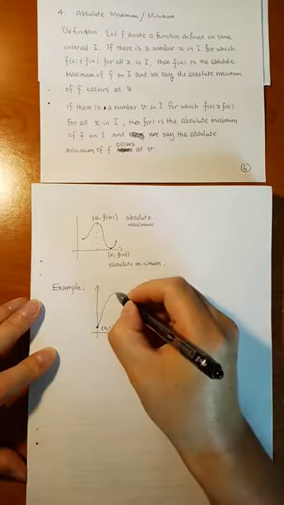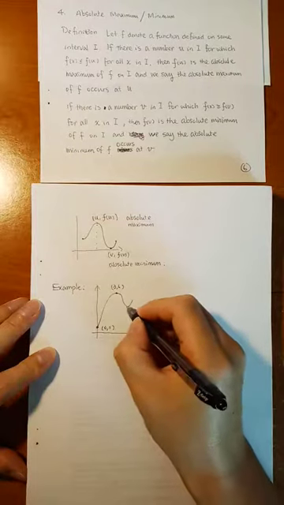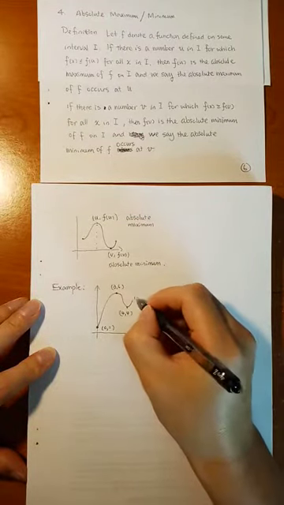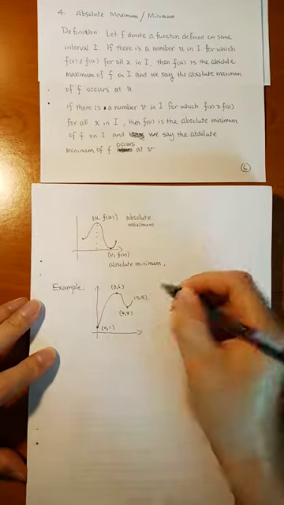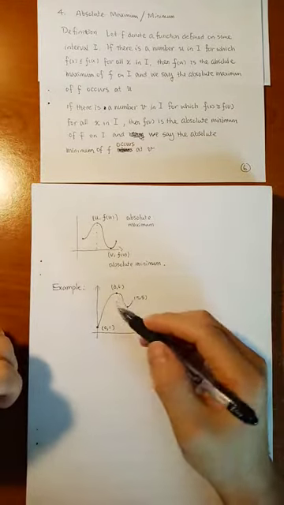This point is (3, 6). This is (4, 4). It's (5, 5). If you have a graph like this, you can see where the lowest point is. The (0, 1) is the lowest point, and the (3, 6) is the highest point.